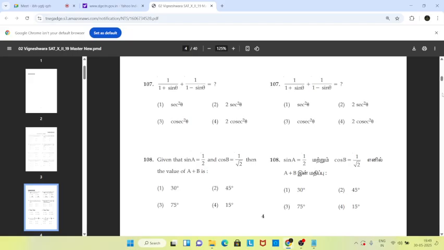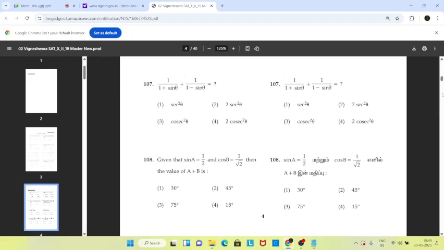So the LCM is 1 plus sin theta into 1 minus sin theta. Keep it like that, and that is the denominator. The numerator, what will you get? 1 minus sin theta plus 1 plus sin theta. Sin theta will cancel, so in the numerator you will get 2. On the denominator, you will get 1 plus sin theta into 1 minus sin theta, equal to 1 minus sin square theta.